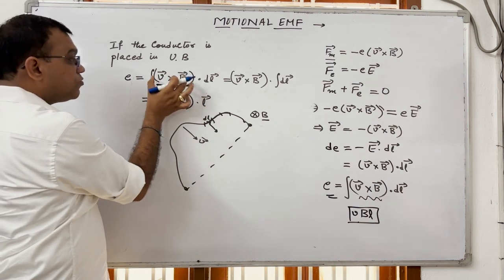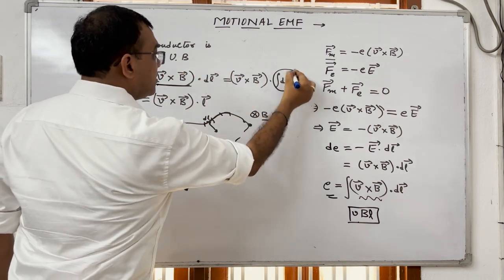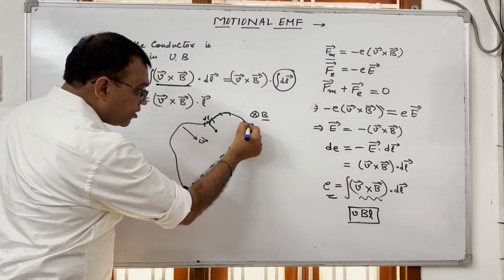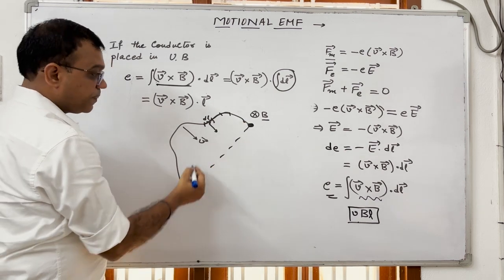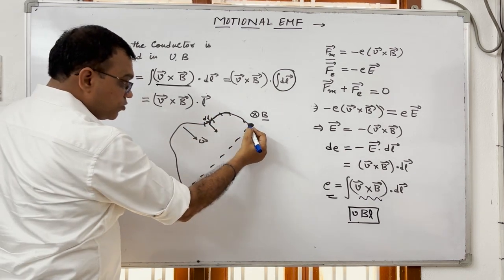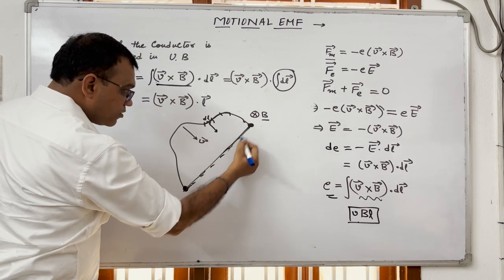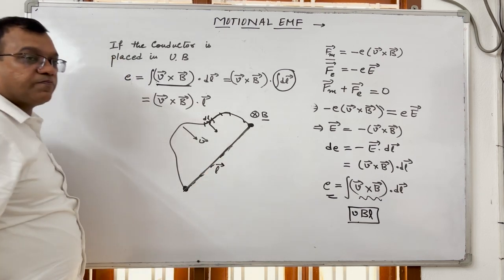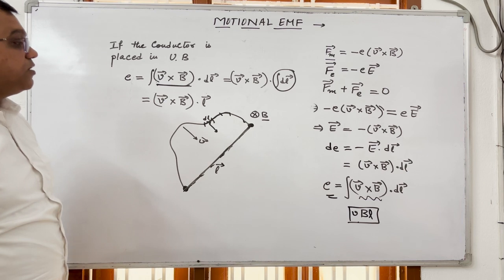So this part comes out of the integral, and the integral of dl is nothing but the vector joining the end points of the conductor. Means this particular conductor can be replaced by this one of length L vector. This is your L vector, right?